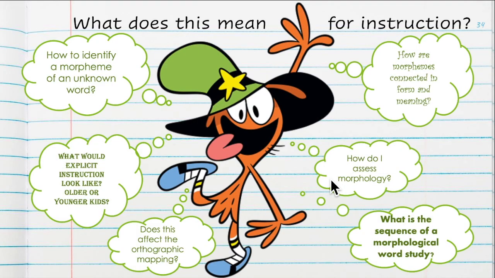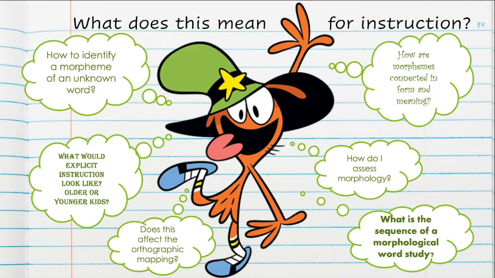Now, what does that mean for instruction? Well, first of all, it just means be aware. As the teacher, the more you know, the more you're going to help them to be able to grow. So be aware of these things so as they come up, you'll be able to explain them, you'll talk about them. This is why it's important to preview some of your work, your lists, and your encoding pieces beforehand.